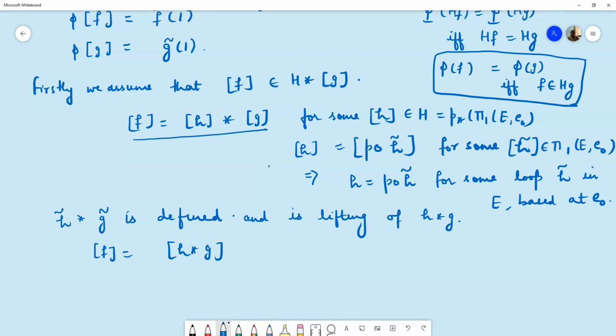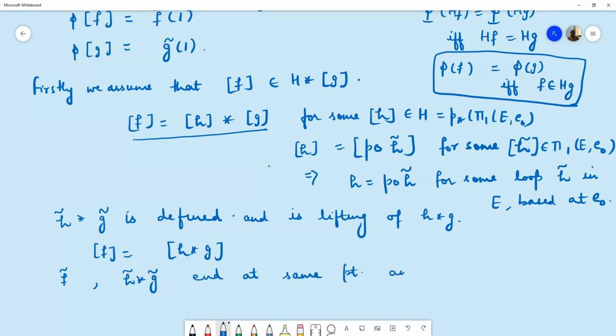Now because f is h star g, the two paths f and h star g are path homotopic to each other. So their liftings are also path homotopic to each other and they end at the same point. So f curl is a lifting of f beginning at point e naught, and h curl star g curl is a lifting of h star g beginning at point e naught. These two liftings are homotopic and end at the same point.